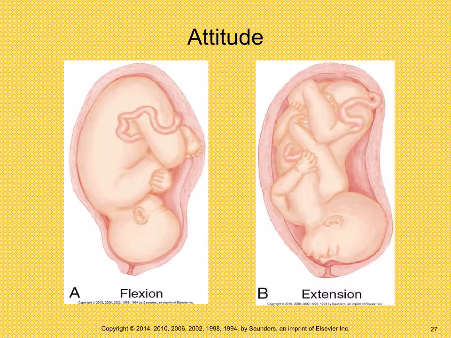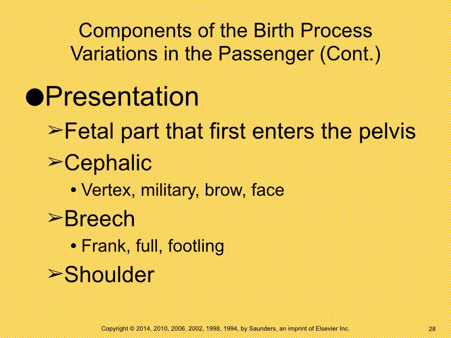This is an ideal position for birth. In photo B, this is the extension of the fetal head, so this would make labor and birth more challenging. Using that occipital part of the bone as the landmark, it would be a posterior presentation, more challenging for this baby to come through the passageway.